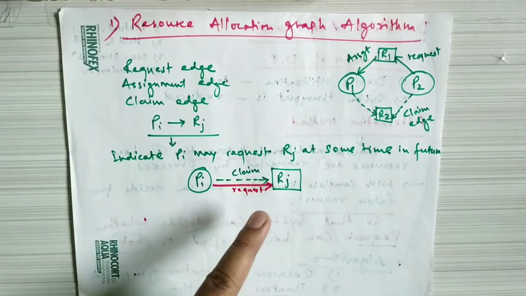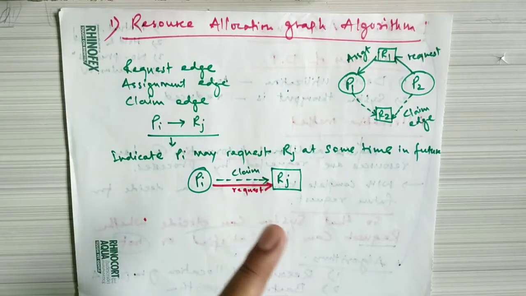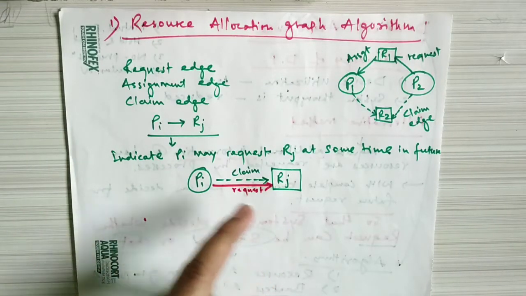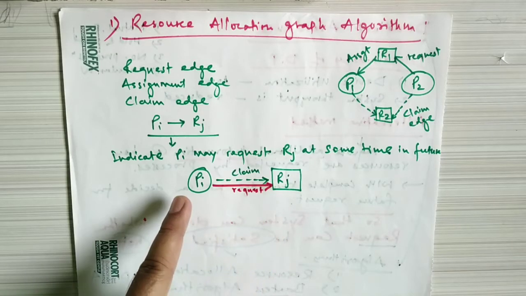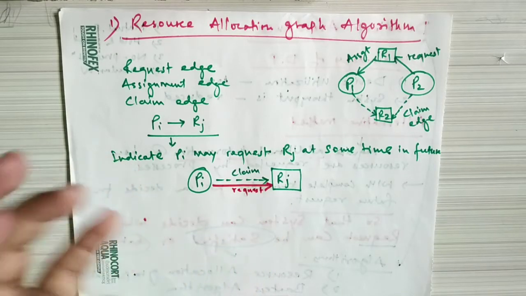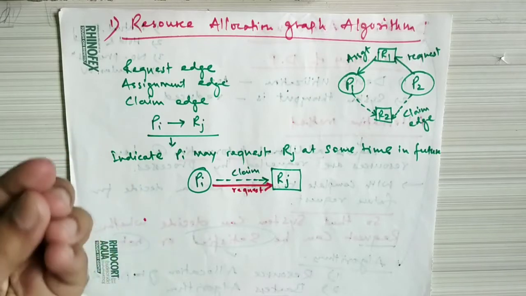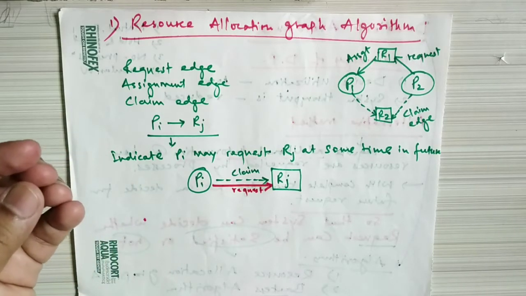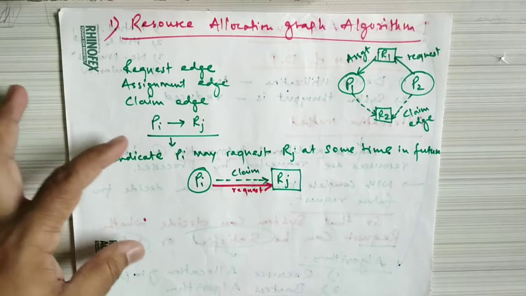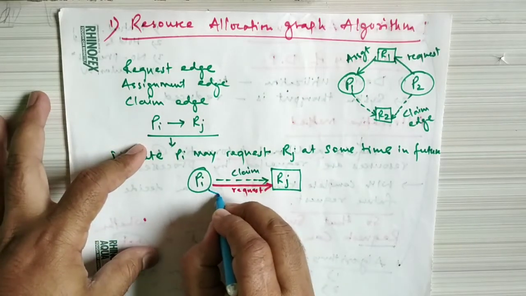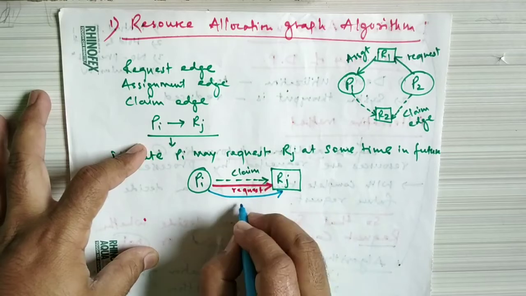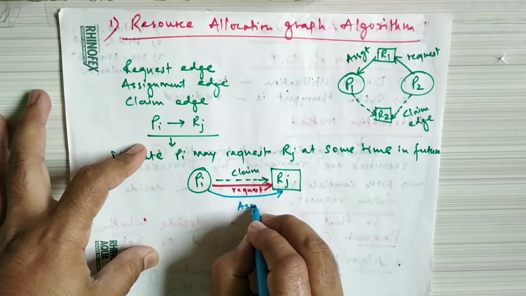If the request is fulfilled, meaning the resource is allocated to the process, then this solid line will be converted into the assignment edge.